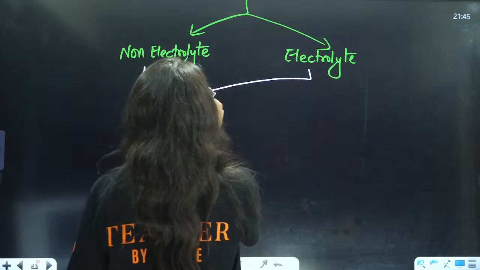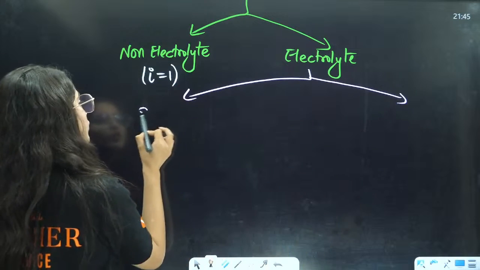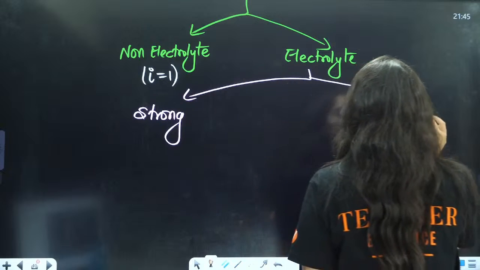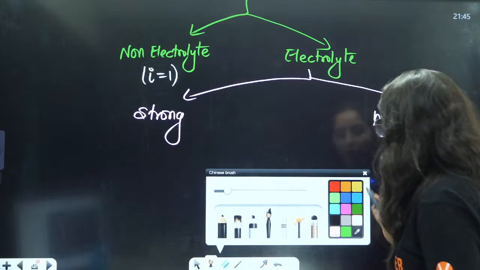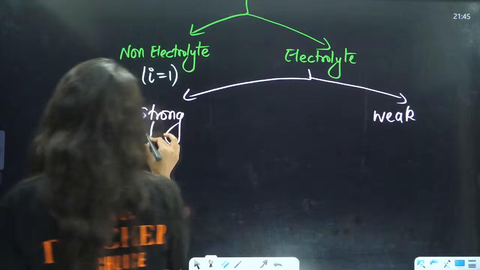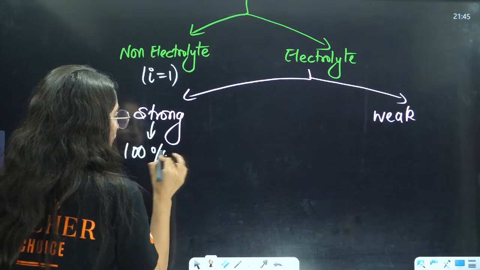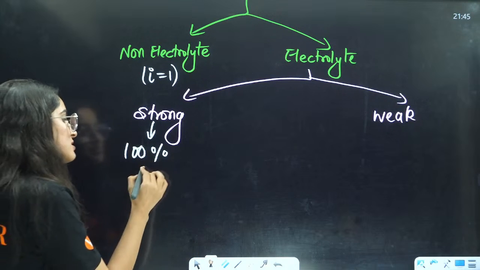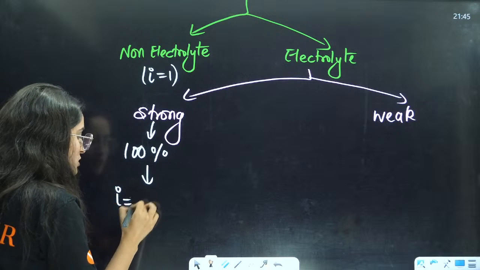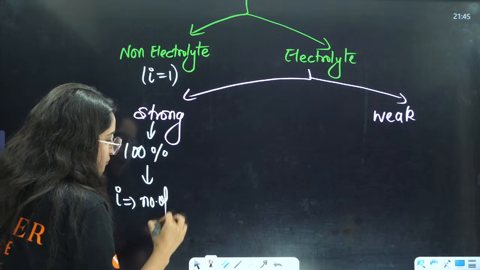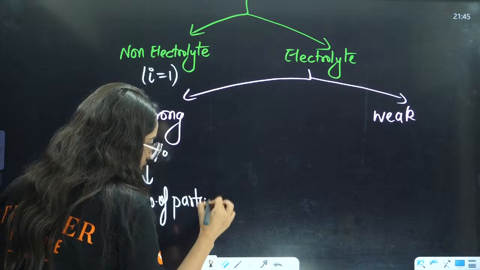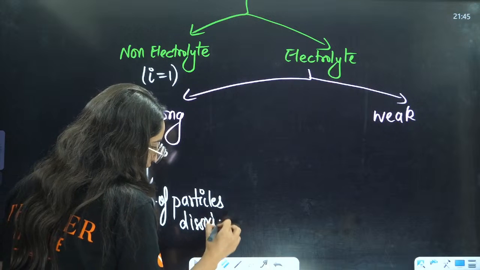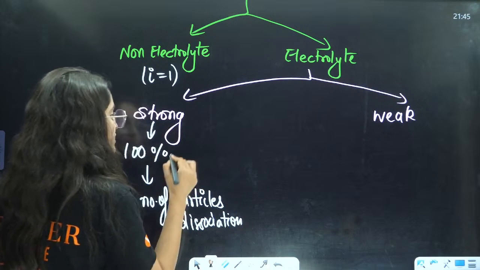But if we are talking about electrolytes, there are two types: strong electrolyte and weak electrolyte. In a strong electrolyte there is 100% dissociation, so in this case the Van't Hoff factor is equal to the number of particles dissociated, simple, because alpha is equal to 1.